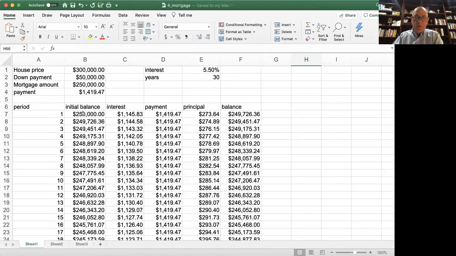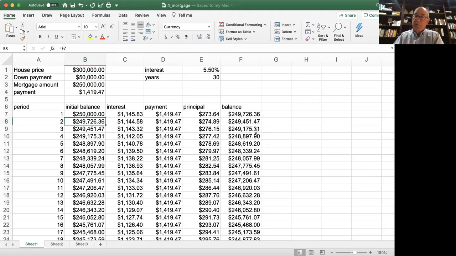And this represents our monthly payments. There's what our monthly payment is. Let's remember that it's in cell B4. So here we go, and this keeps track of what we owe every month.